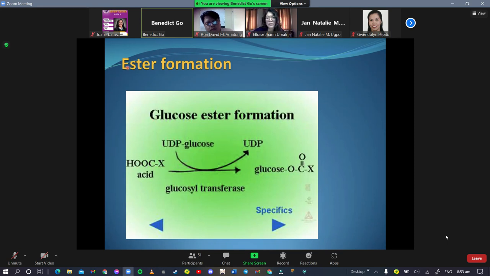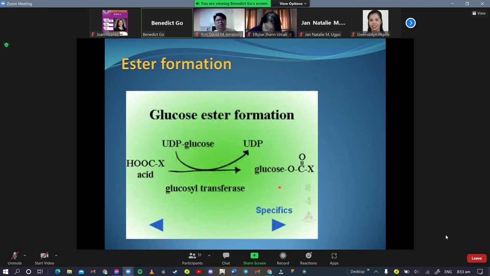You can have ester formation. Now, here you will find this when we study glycoproteins. This is a very typical example. UDP is a very good glucose donor. In this reaction, glucuronyl transferase is the enzyme. It releases or gives off the glucose to this structure.